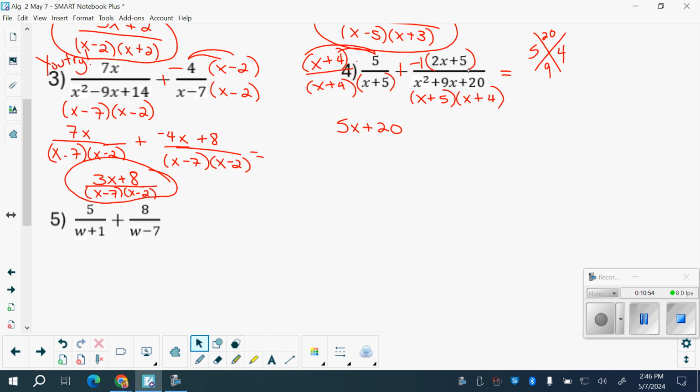Okay. So then we have 5x plus 20 over x plus 4 times x plus 5. And then distributing the -1. Trace, what do we get when we distribute that -1? Yep.